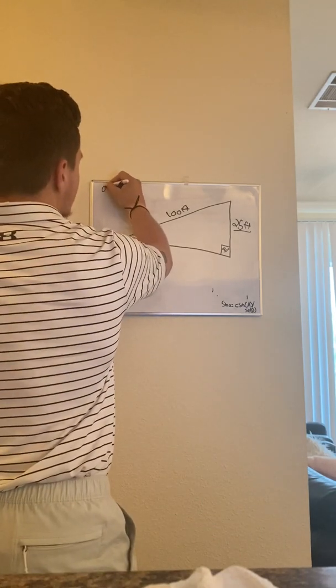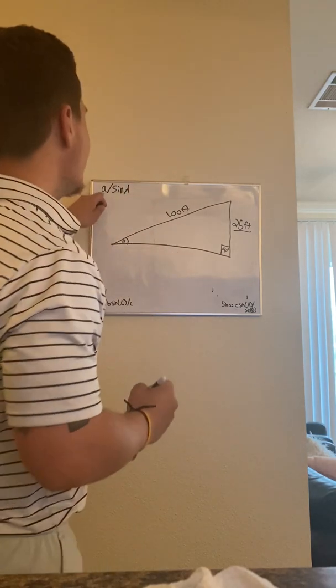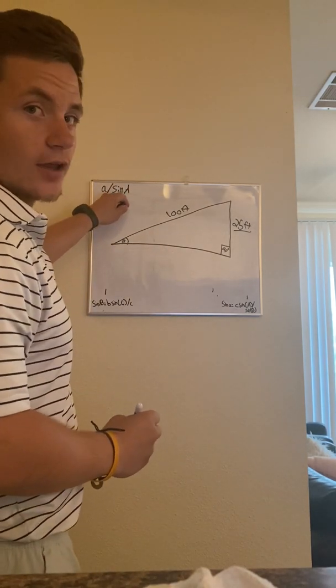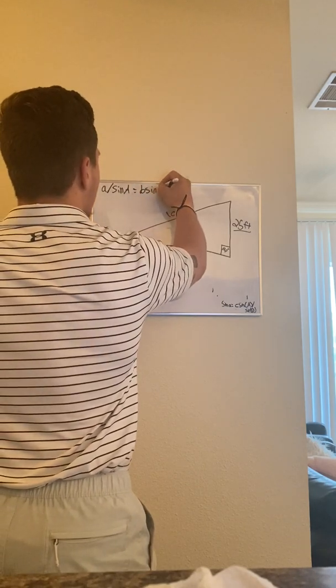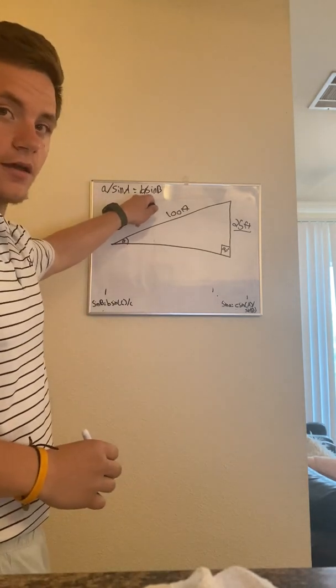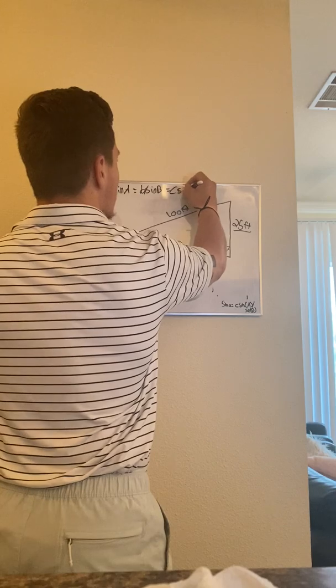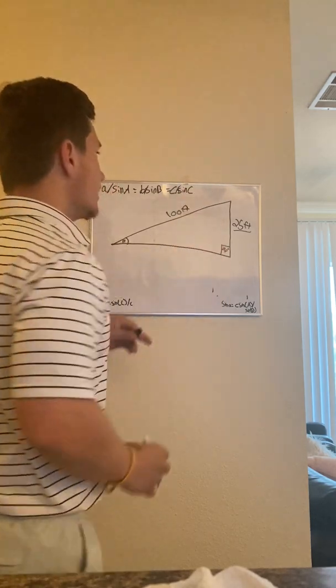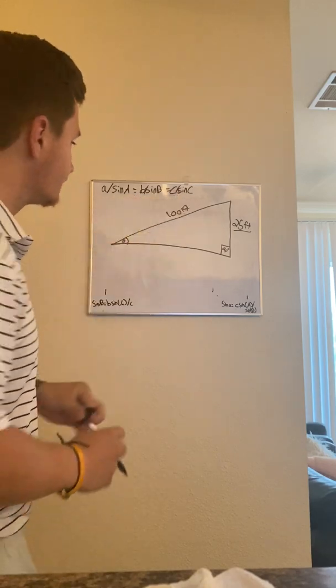The law of sines states that side A over sine of angle A is equal to side B over sine of angle B, which equals side C over sine of angle C.